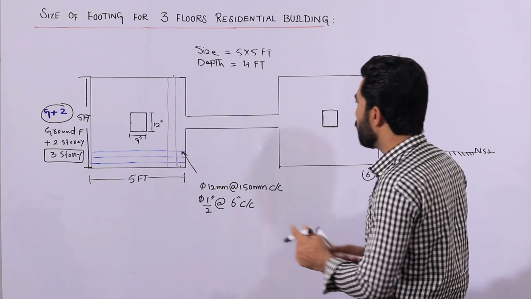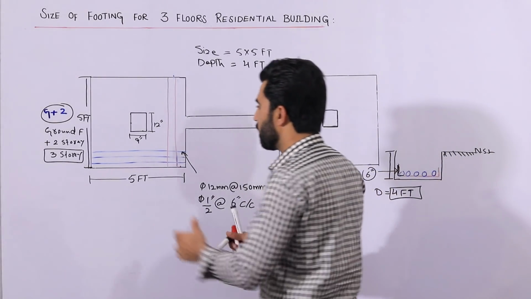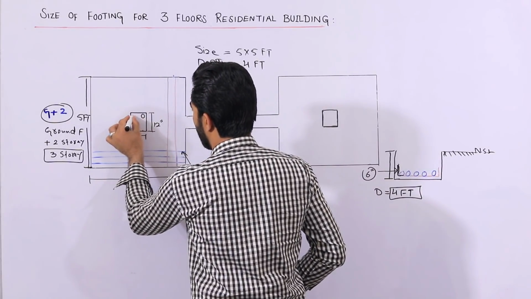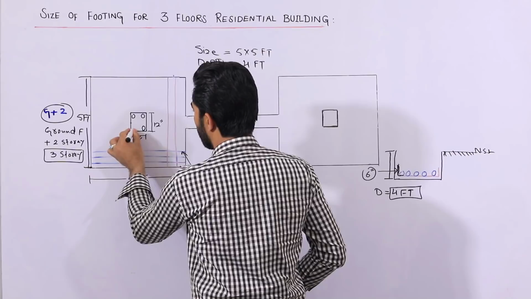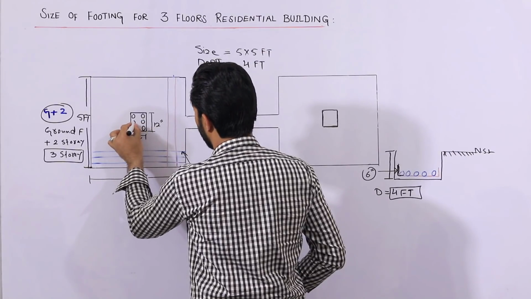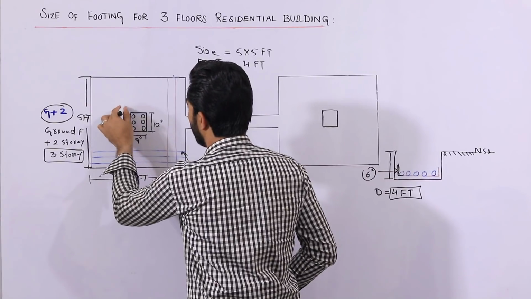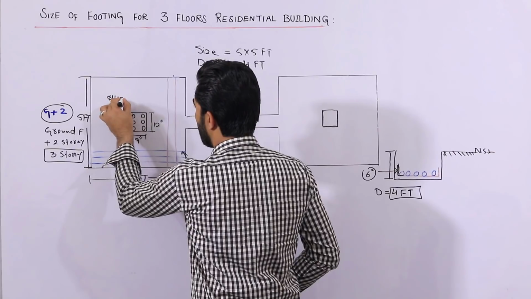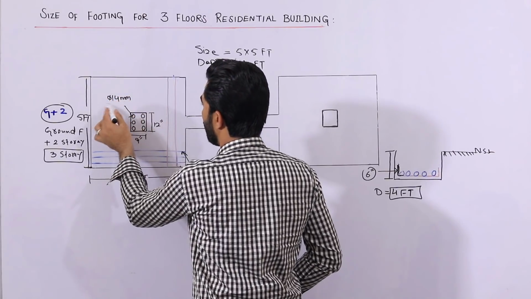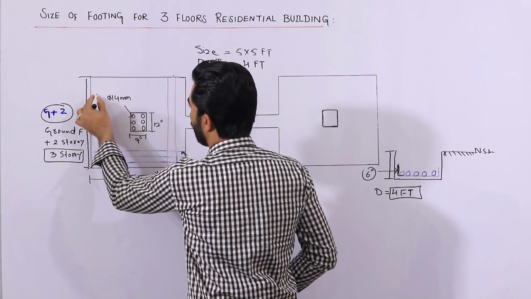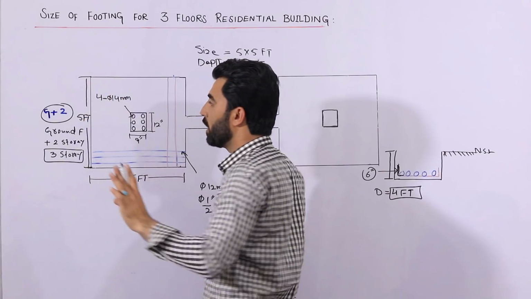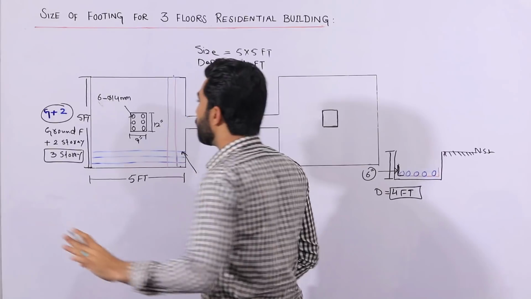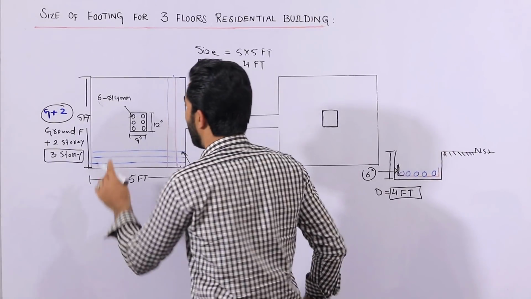Now guys, when you come to size of column, you can use up to 6 steel rods up to 3 story, and the dia should not be less than, in this case, 14 mm. So use 6 numbers, dia 14 millimeter, and lateral ties.